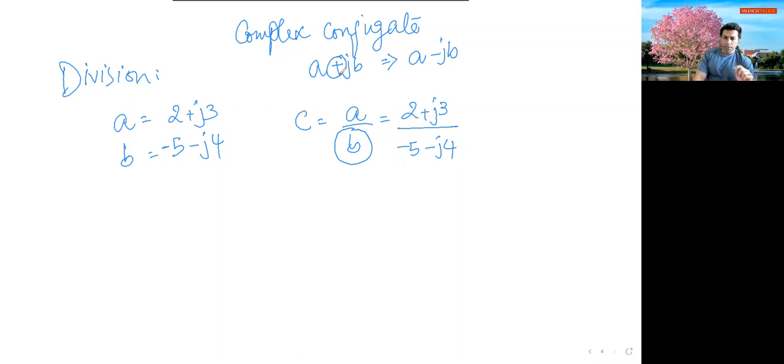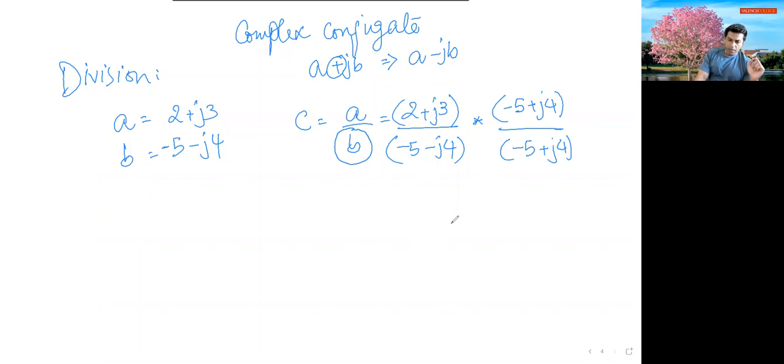So plus to minus or minus to plus for only the imaginary part. That becomes the complex conjugate of that complex number. So here we perform multiplication and division, so it's not going to change the original number. Negative 5 plus j4 divided by negative 5 plus j4. We multiply and divide by the complex conjugate.